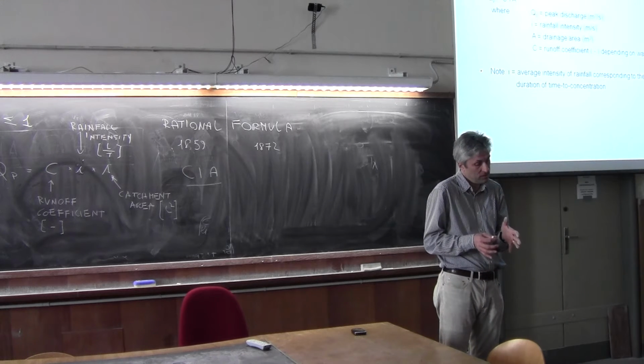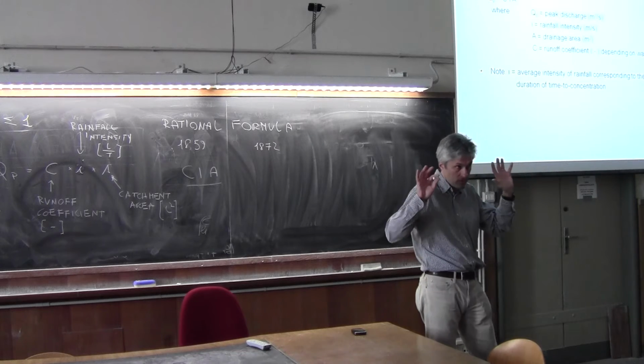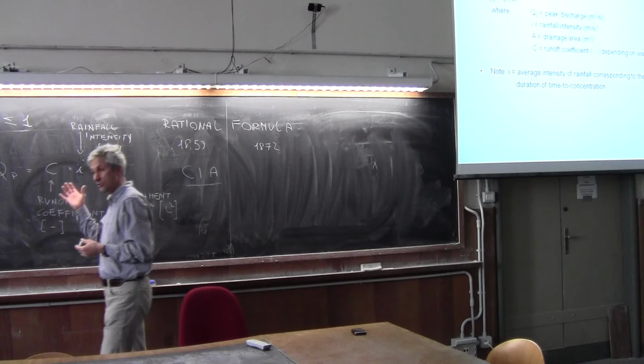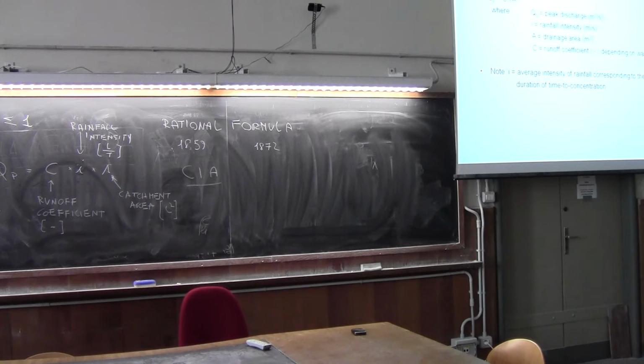And therefore, the flood occurs in conditions where the runoff coefficient is close to 1. So as an engineer, you could say, okay, let me be safe, and let me take this equal to 1. This is a safe option. And I have to say that very often the rational formula is used with this purpose, to get an upper value, a very safe estimate of the peak flow.